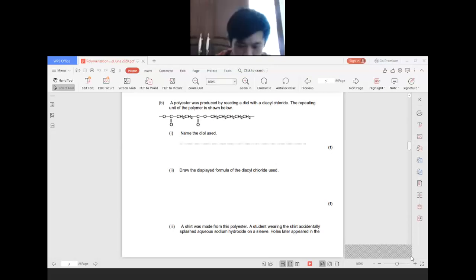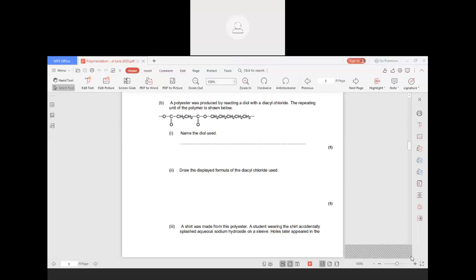Okay, and then for this one, draw the displayed formula for the diacyl chloride used. Diacyl chloride. So COOH, CH2, CH2, COOH.